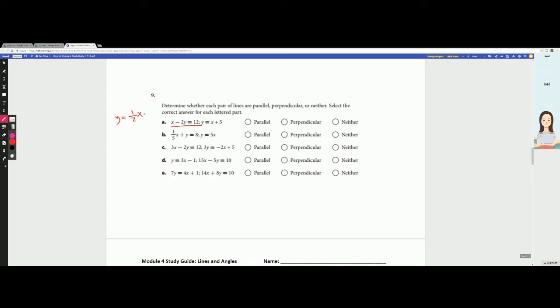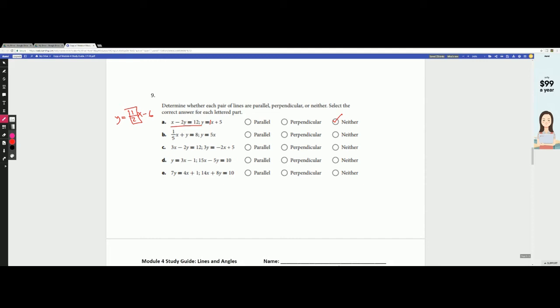Okay, so this slope right here is 1/2, while this slope is 1. That is definitely not an opposite reciprocal, right? And it's not the same slope. So it's not parallel, it's not perpendicular, it's neither, okay?